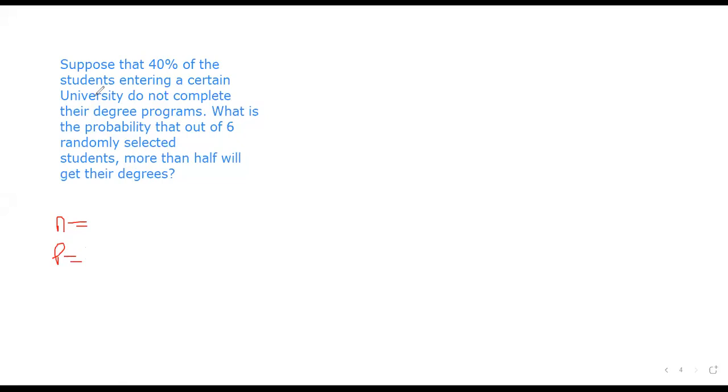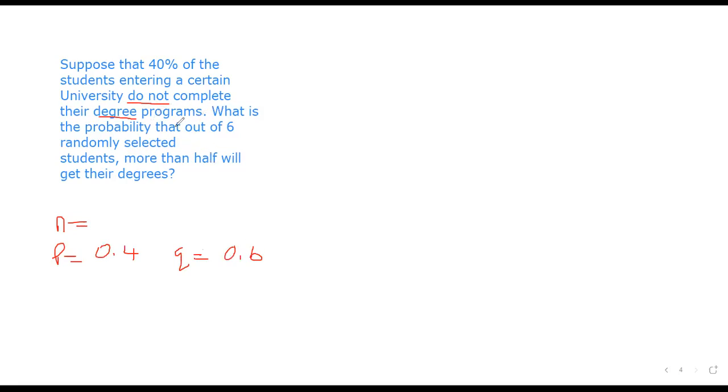So suppose that 40% of the students entering a certain university do not complete the degree programs. Okay, so 0.4 do not complete, meaning those that complete or those that get their degree is 0.6.